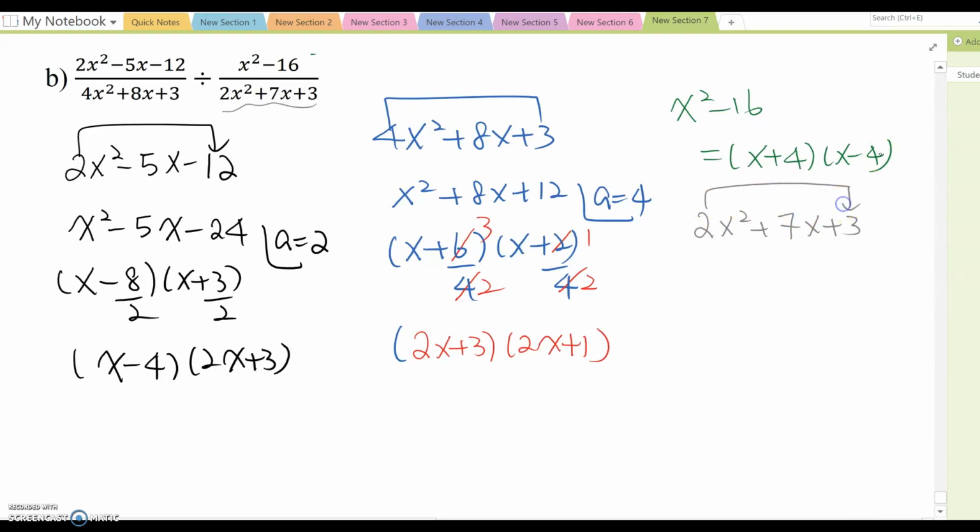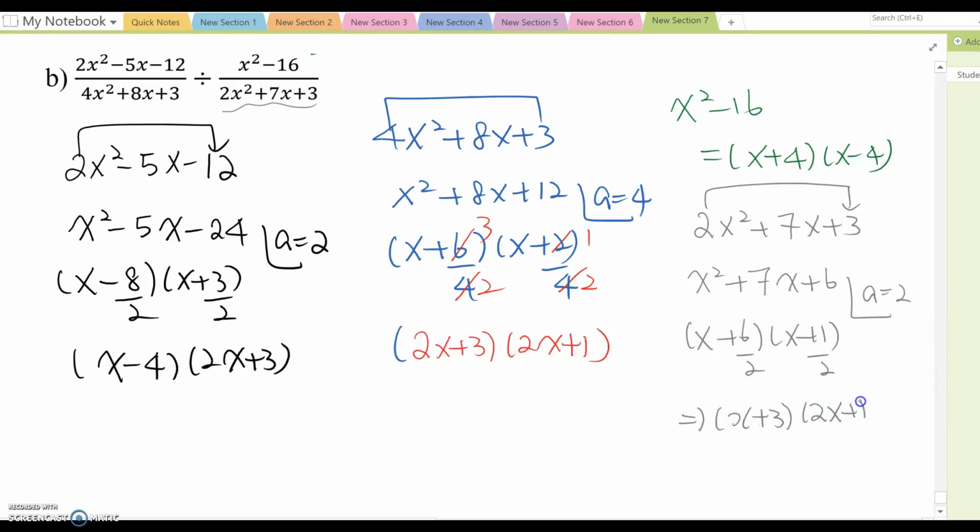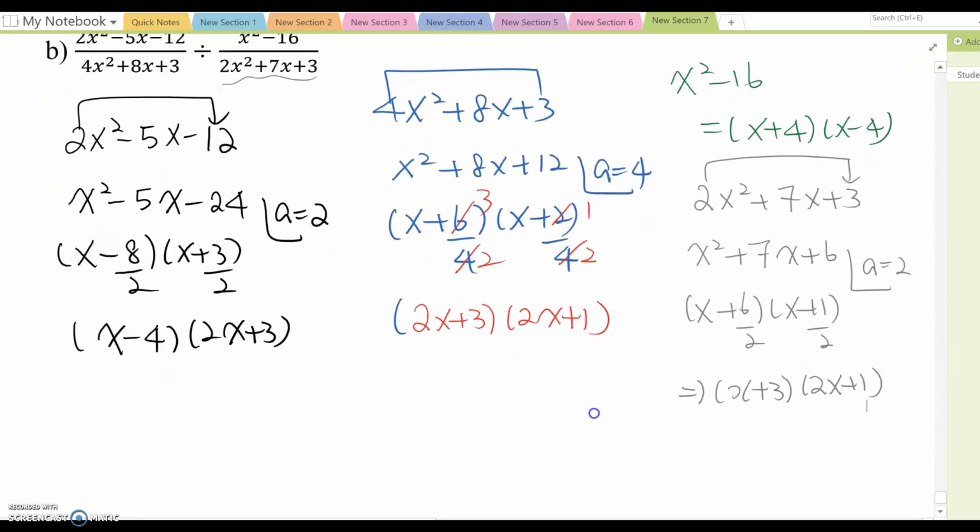So you multiply that, then it becomes x squared plus 7x plus 6, and a equals 2. Then (x plus 6) and (x plus 1), and don't forget to divide by 2. Then this becomes (x plus 3) and (2x plus 1). Okay, so I'm going to combine all of this into the expression.